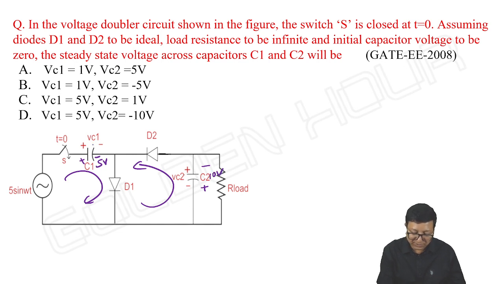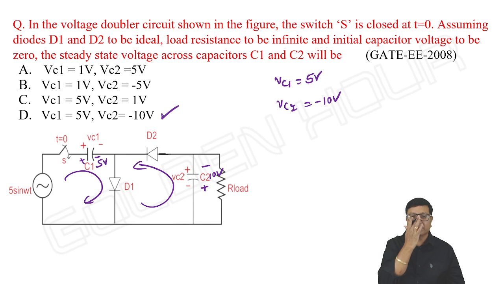So what I can write: Vc1 and the charging polarities are the same, Vc1 is equal to 5 volts. For Vc2, the capacitor polarities they gave like this, and what we get is the voltage polarity from bottom to top. So Vc2 is equal to minus 10 volts. Okay, option D is correct, 5 and minus 10.